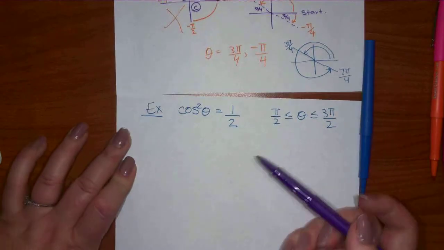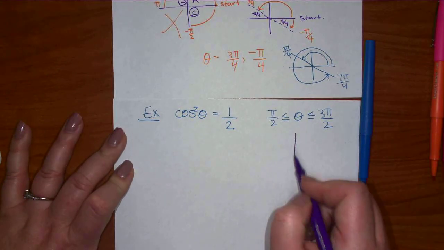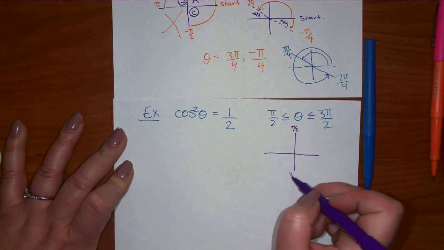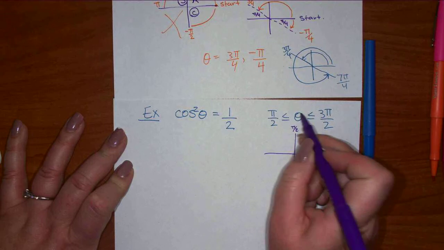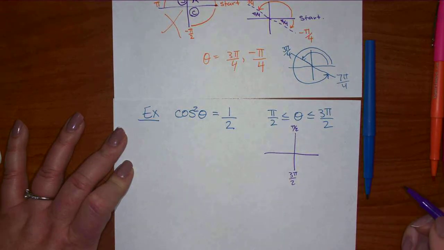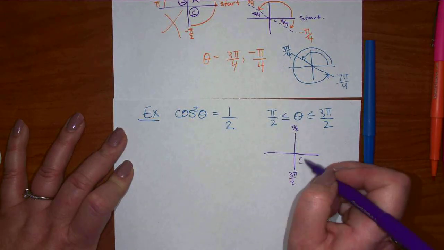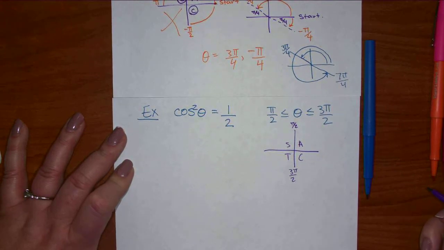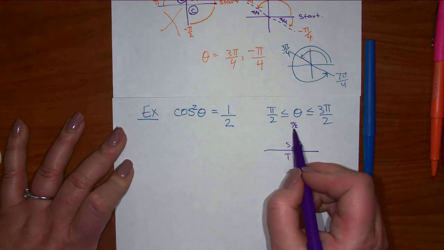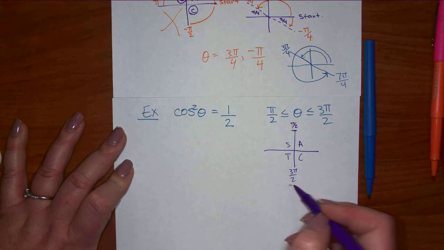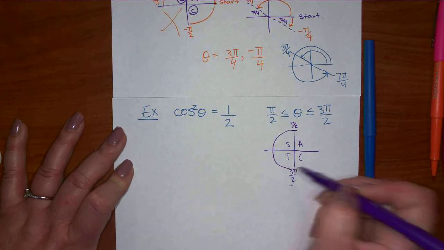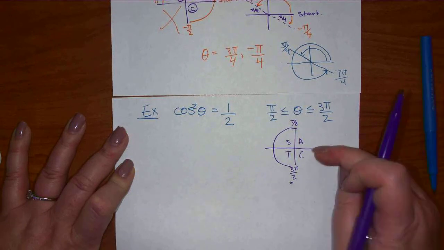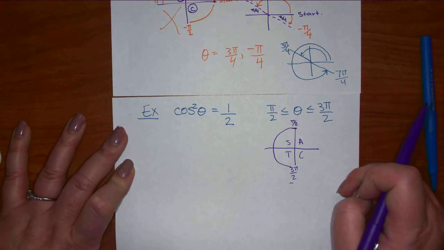So where is this? Pi over 2 is here, and 3 pi over 2 is here, and they want theta to be in between that. So which quadrants would we be talking about? C, A, F, or T? We want to go between pi over 2 and 3 pi over 2, so S and T. Those would be the 2 quadrants in this question. So it doesn't have to be attached to the start, but it has to be attached to each other.